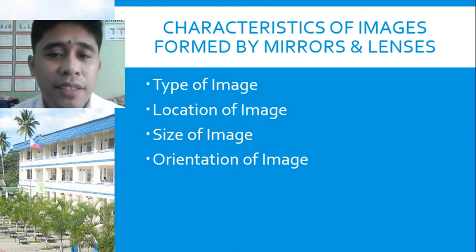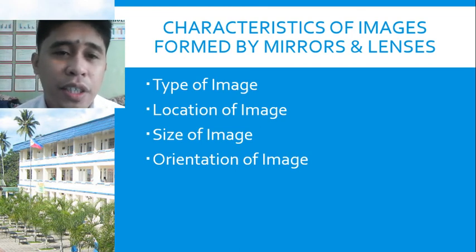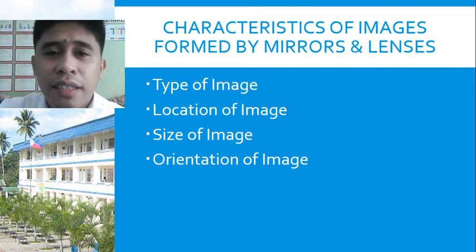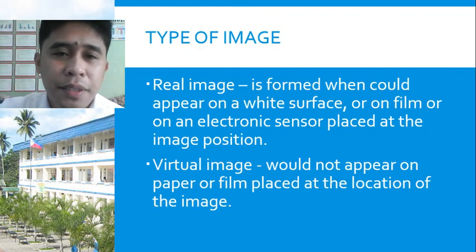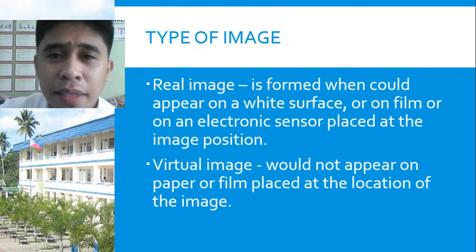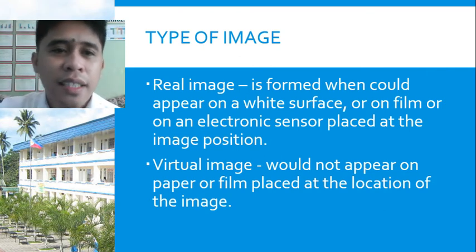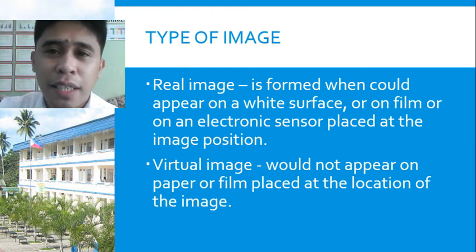There are several characteristics of images, which are defined by the following: the type of image, the location of the image, size of the image, and orientation of the image. There are two types of images. One we call the real image, which was already explained. Second, we call it the virtual image, which was also explained in the previous sections.